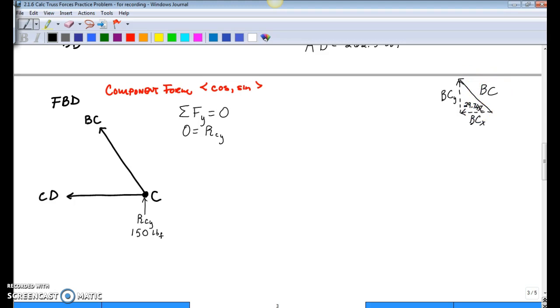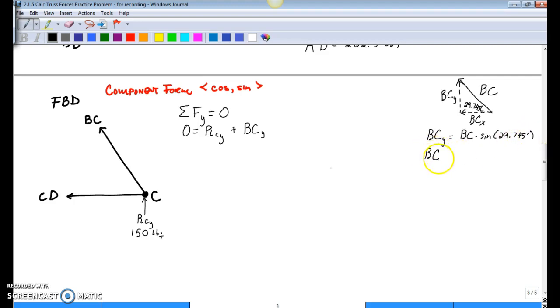Looking at this, we have the reaction force of C in the Y direction. We also have BC in the Y direction, and since the arrow is pointing up and to the left, it's positive in Y. BC in the Y direction is simply the magnitude of BC times sine of 29.745 degrees.